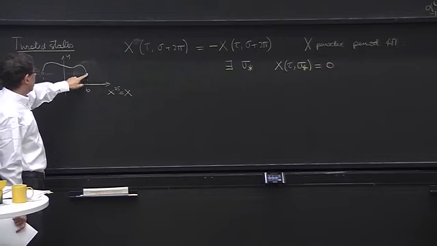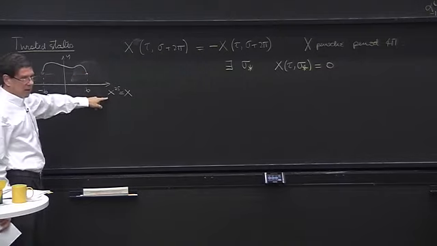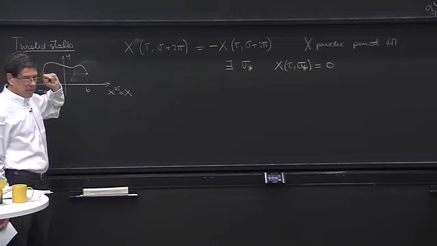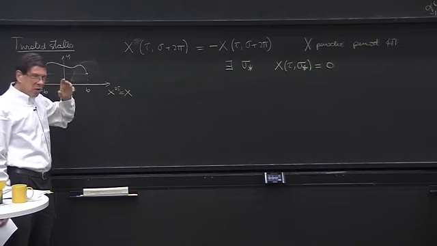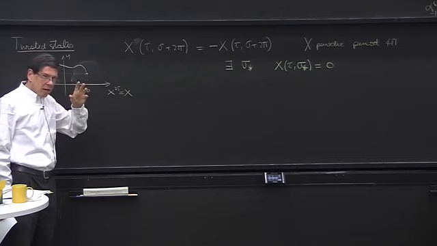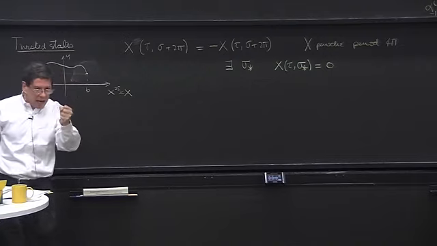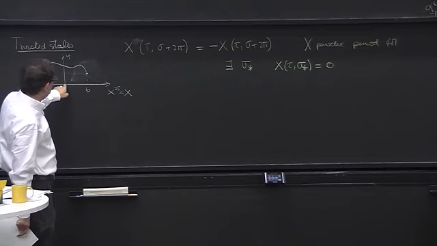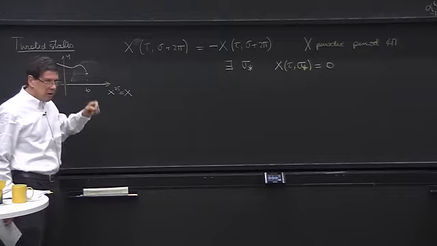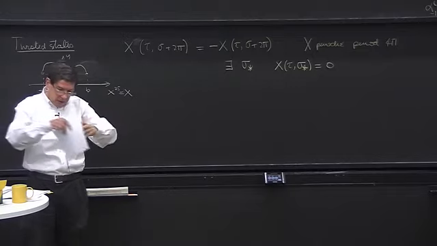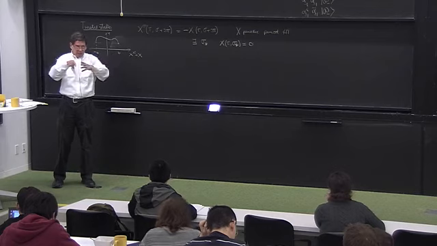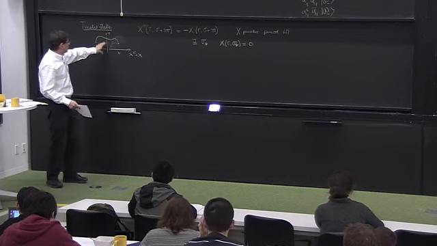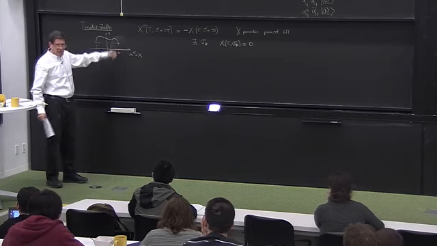So if it takes positive values and negative values of x25, there must be sigmas for which it takes the value 0. So these strings are, intuitively, stuck at the orbifold point. They always have to pass by the point x equals 0. They can be very long, but that's very expensive in energy. This costs tension. So all these strings really like to be near the point x equals 0.